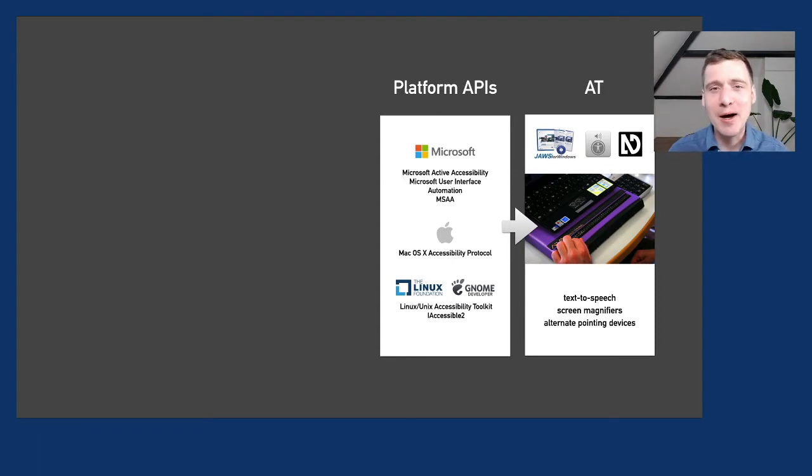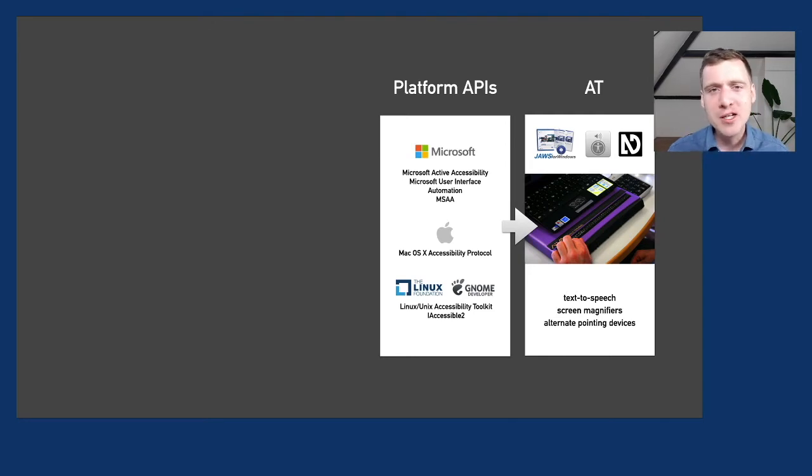So it tells them about things like, someone has opened this window, or they've opened their browser and they've clicked the favorites menu, or they've right-clicked and these are the options that are available. That sort of thing. Everything that happens on the platform is known by the platform APIs and exposed to assistive tech through them. Now, if someone goes to your website, maybe the platform APIs know what the browser is and the URL bar, and that works fine.